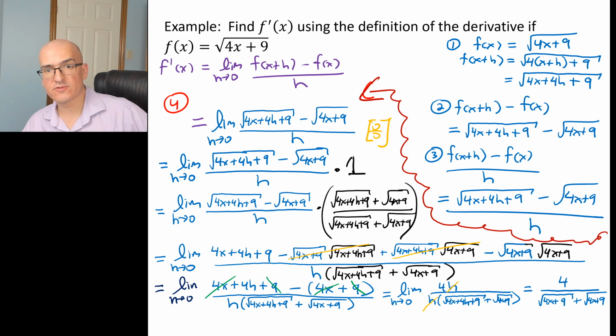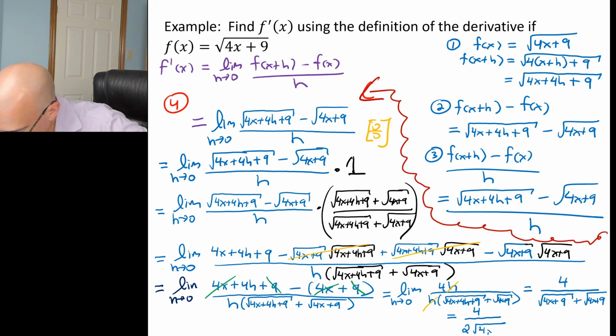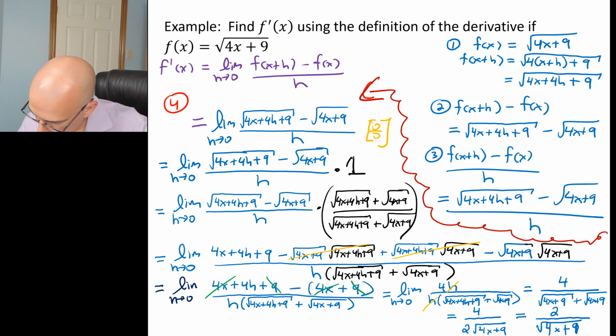So 4 divided by 2 times the square root of 4x plus 9, which is 2 divided by the square root of 4x plus 9. That's our answer. Yucky!